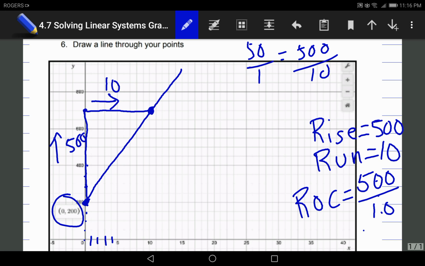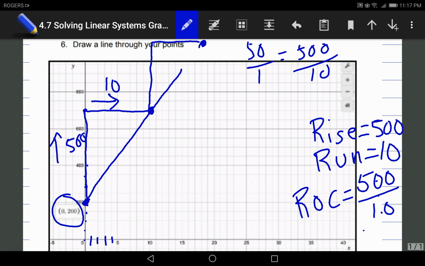And I got to my next point. And from there, I was able to draw a line going through those 2 points. And that was it. Much, much quicker than a table of values if you get good at this. And you can continue to draw more points. If my graph was big enough, from this point here, I would just go up another 500 and another 10 going this way, and then draw my new point.